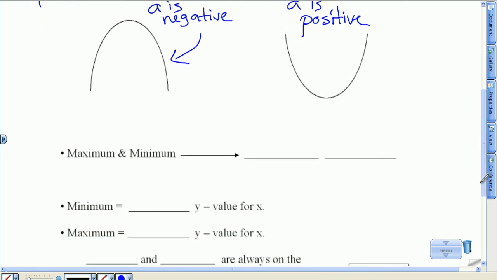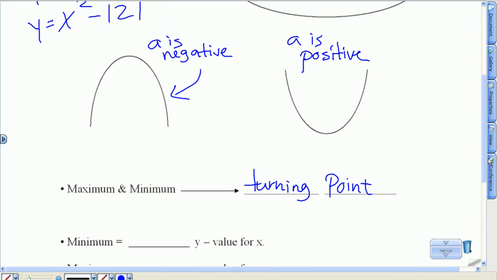Minimum and maximum. The minimum and maximum is found on something called the turning point. Turning point. It's an important vocabulary piece. And what we mean by turning point, if we scroll back up and take a look at these two graphs, what you have is that right here, when x increases, y decreases, which creates this effect of kind of going down.